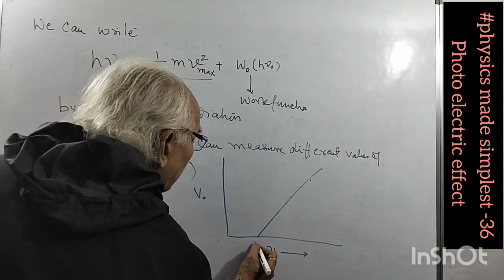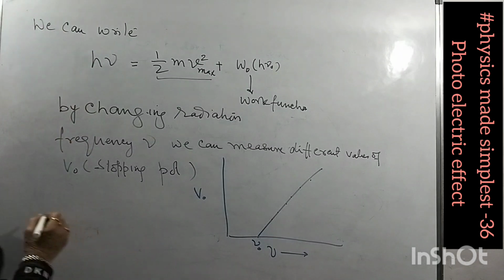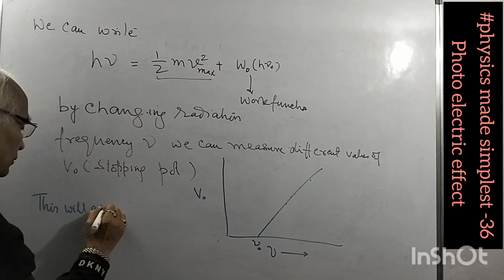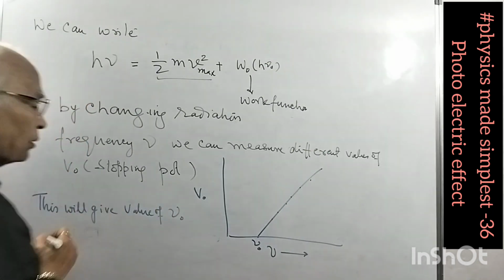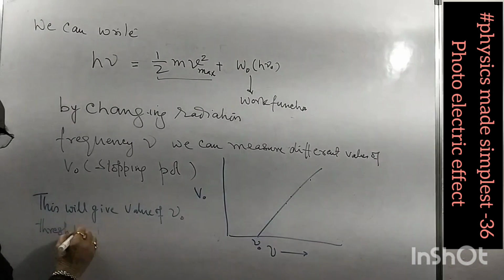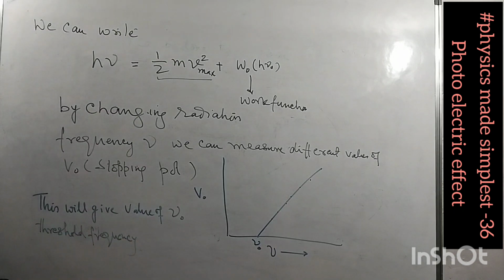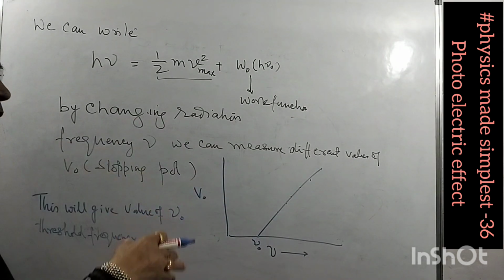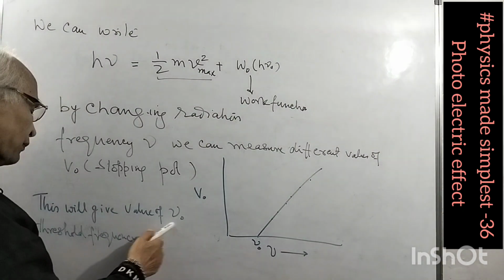And this cutting point here is nu naught, that is the threshold frequency, the frequency of light or radiation below which any amount of light you allow to fall on the metal plate, a photoelectron will not come out. So that is the threshold frequency, nu naught.